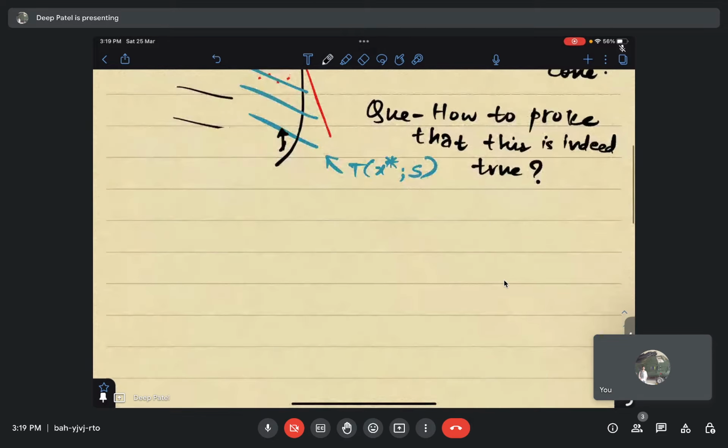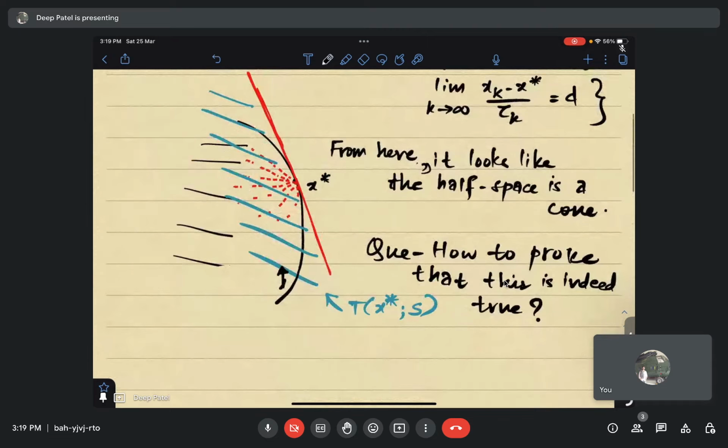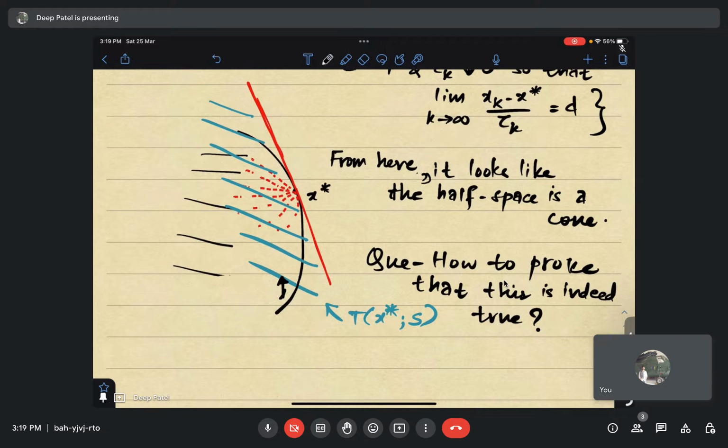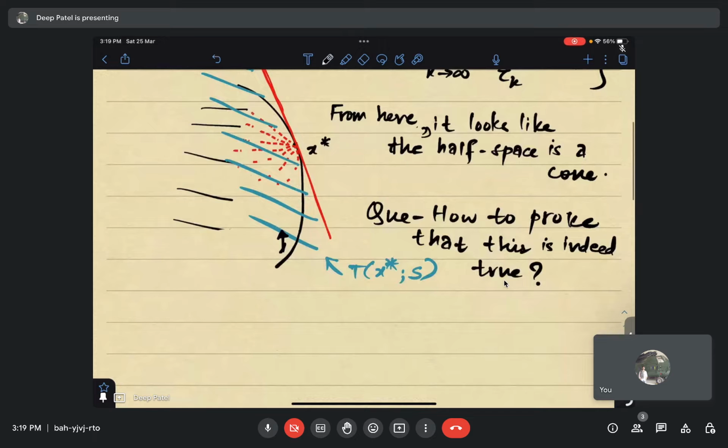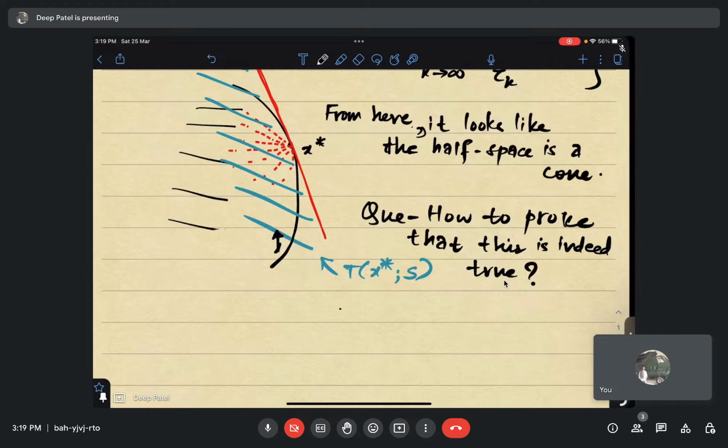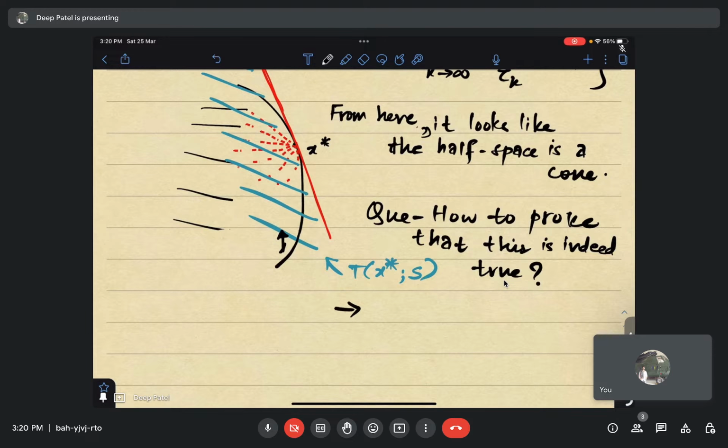We consider a point centered at x star, and we consider rays such as x minus x star from any point in the half space. So take an arbitrary point inside the half space, say x tilde, and then we consider x tilde minus x star, and then we try to scale that.